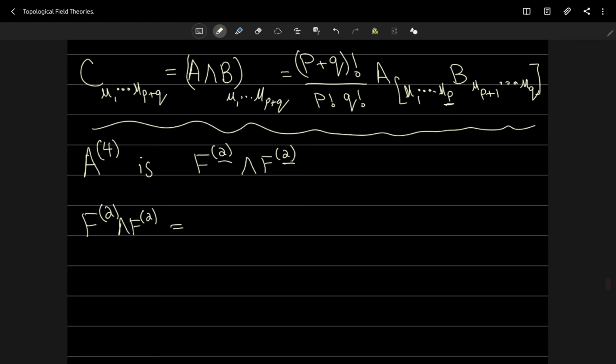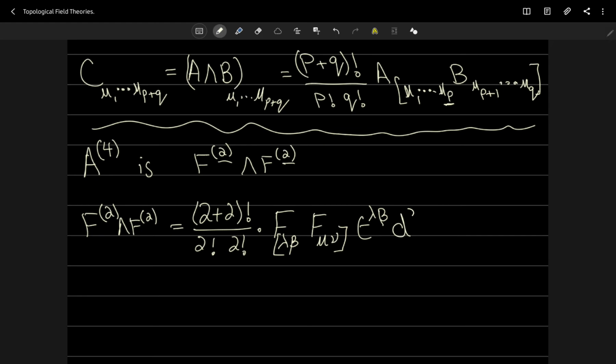P is 2, Q is 2, so we will have 2 plus 2 factorial divided by 2 factorial times 2 factorial, times F lambda beta times F mu nu, and then we would include this epsilon lambda beta d2x, and for mu nu, we will have epsilon mu nu d2x.